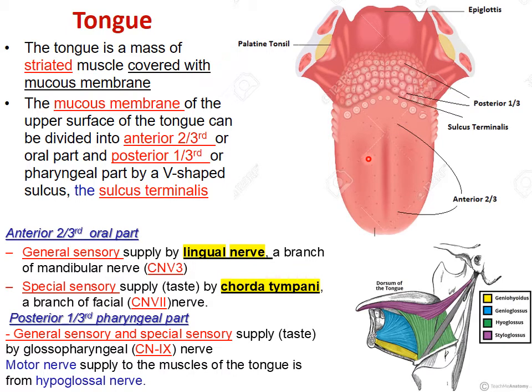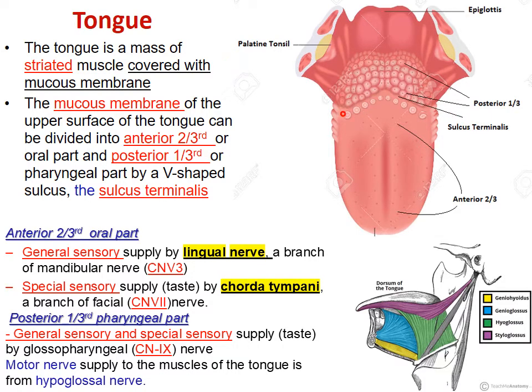Okay, how do we divide the tongue? Can you see this V-shaped line, like an inverted V? This line is called the sulcus. Sulcus means depression, terminalis at the end. So at the end here of the tongue, we have got a depression, and this depression is called the sulcus terminalis.